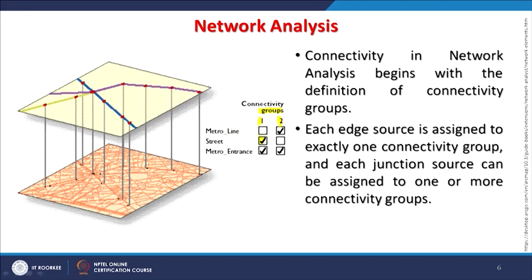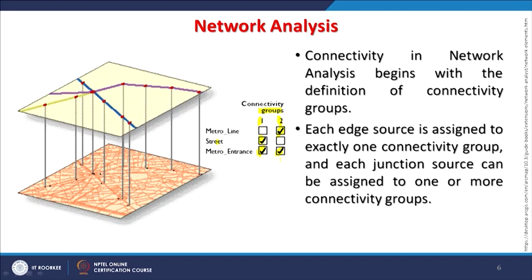Another group, number 2, has the metro line and the metro entrance, because they are part of that group of metro line. Whereas the street and metro entrance are also a group, because the metro entrance will be used and it should be connected with the street.